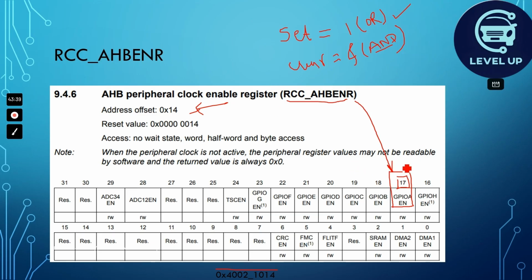So we are interested in setting it, so one should be set over here, and do not touch any of the other bits. That's why all of the other bits should be 0, and when we OR it, all bits will be as they are. Only this bit will be set.